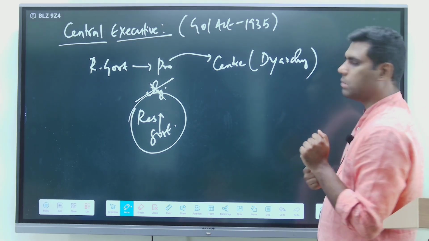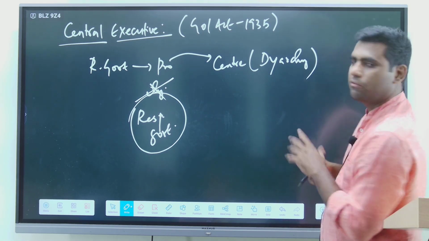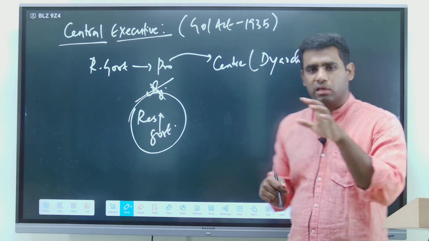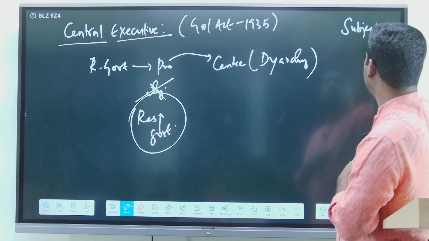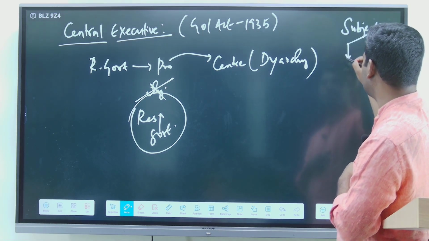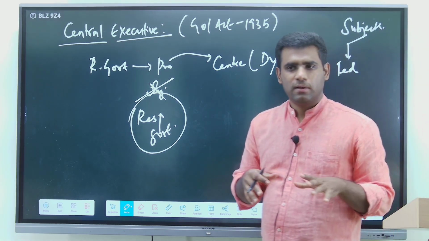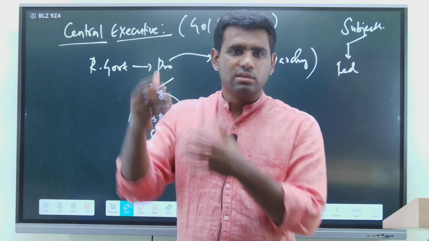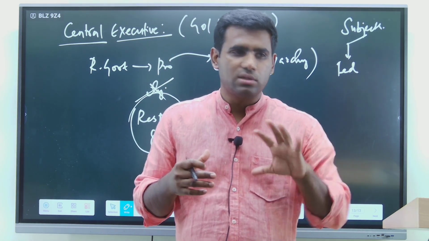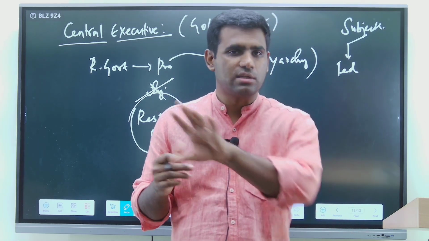So what does it mean? It means first of all, we are creating a federal setup. When we create a federal setup, which means the entire subjects of legislation will be divided into three categories. See, today in India, we have a federal setup, right? We have certain subjects on which center can make laws, certain subjects states can make laws, and then there are certain subjects where both center as well as states can make laws.